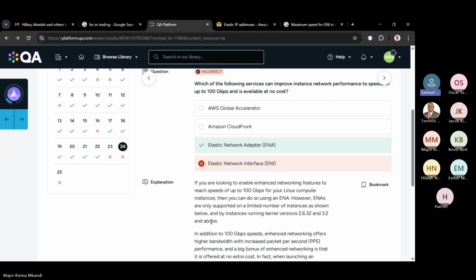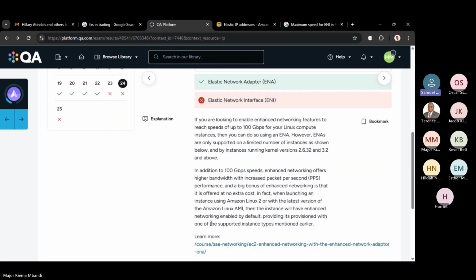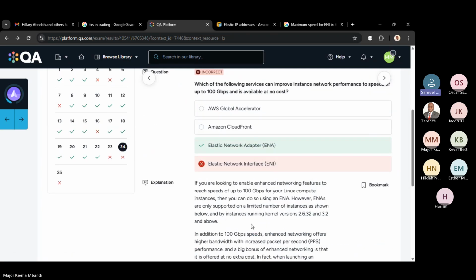Yeah, I can understand now. So you can use ENA from up to 100 or beyond, but the question is talking about 10 gigabytes per second on ENI, so why would you pay for that?